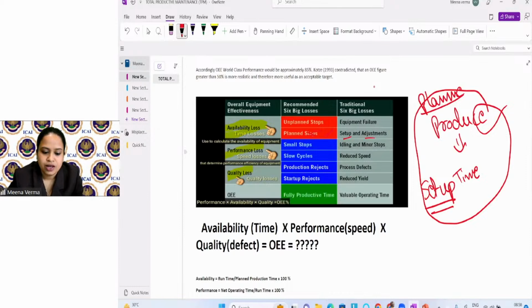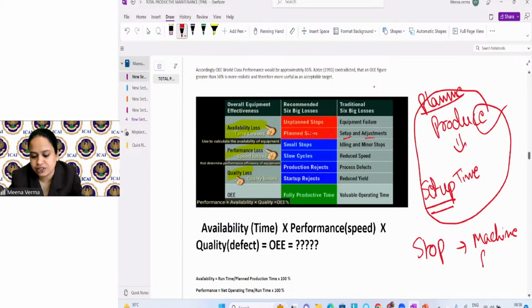Okay. Unplanned stop means the machine is working, but it got stopped. Why? Because of machine failure. Because of machine failure, the machine stopped working. That will be equipment failure or unplanned stop. So you can see the time loss.